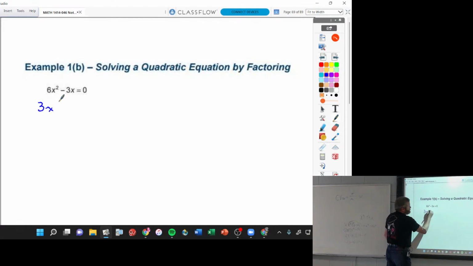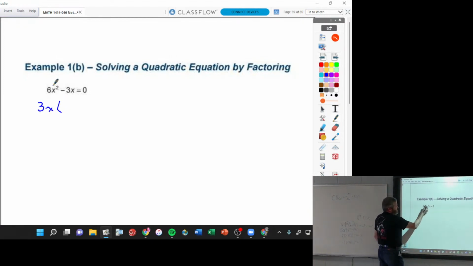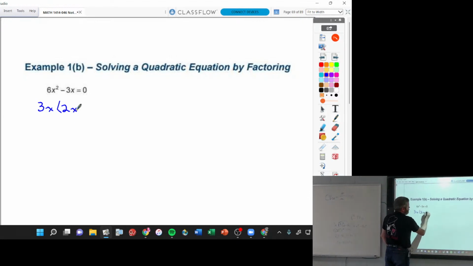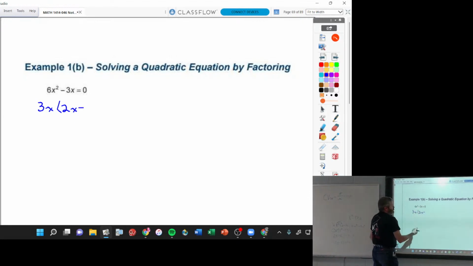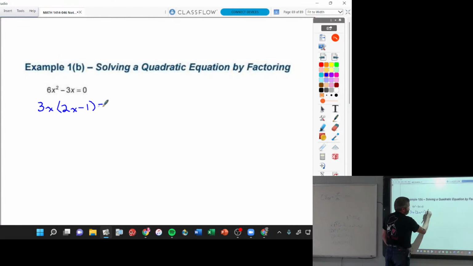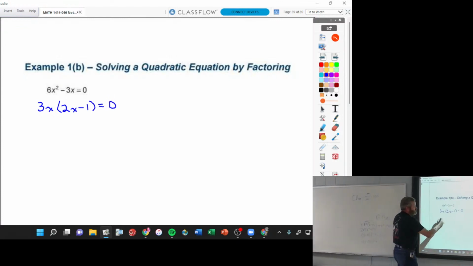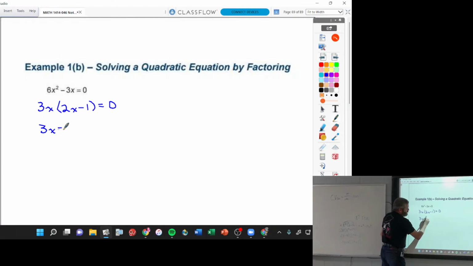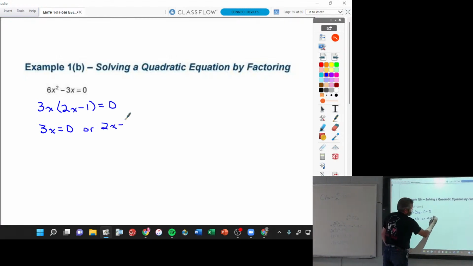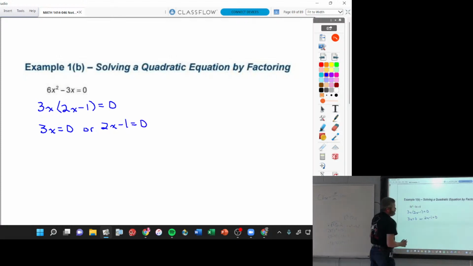So 3x times 6x squared divided by 3x, that's 2x, minus 3x divided by 3x is 1. And so it's factored, which means either 3x equals 0 or 2x minus 1 equals 0.